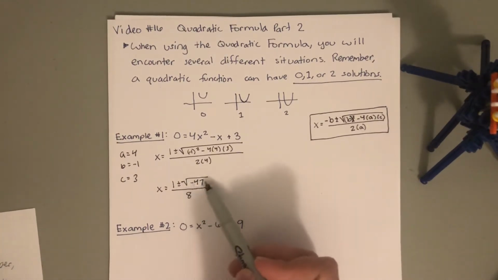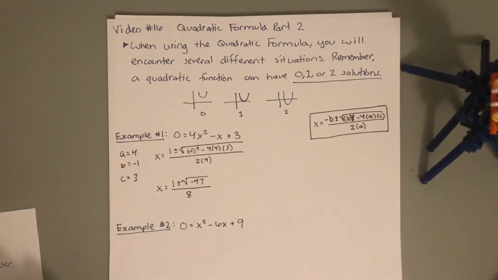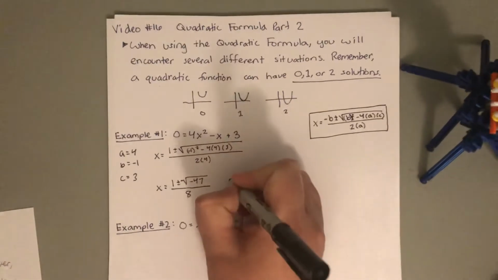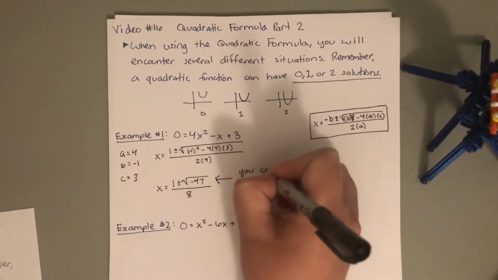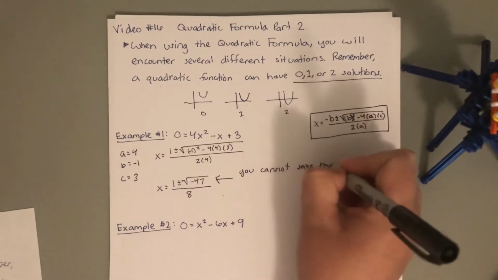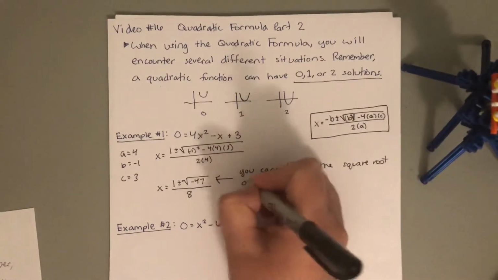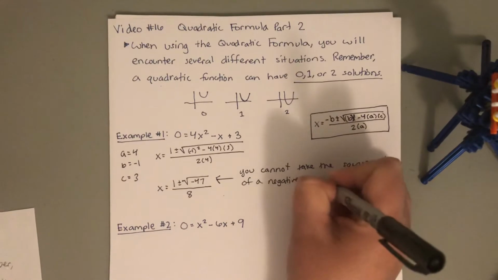Whenever you end up with this situation where you're trying to take the square root of a negative number, you can just stop right there. And the answer is no real solutions. So let's draw an arrow pointing to that. And we're going to say you cannot take the square root of a negative number.